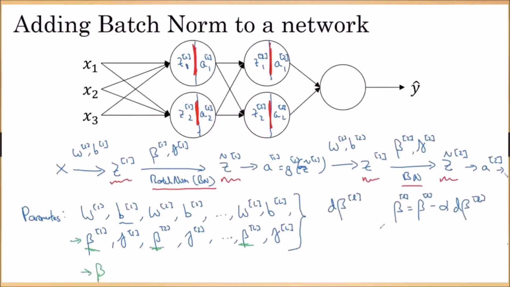We can calculate the moving average for this beta and gamma also. The update is beta minus alpha d beta. So now we can substitute this step along with the gradient descent we use to calculate W and B. Now we can substitute this also to get the proper value of beta and the proper value of gamma.